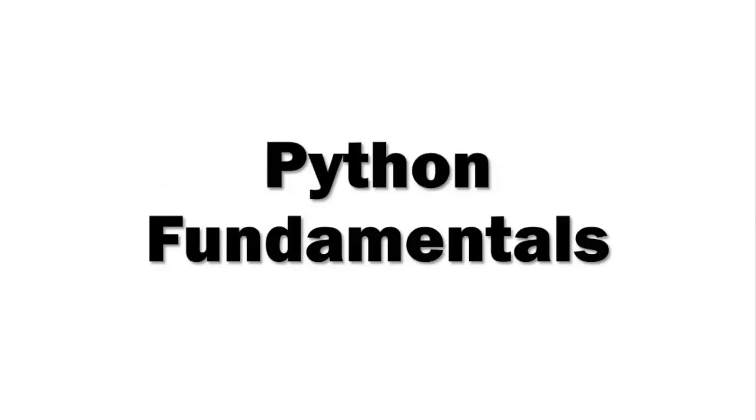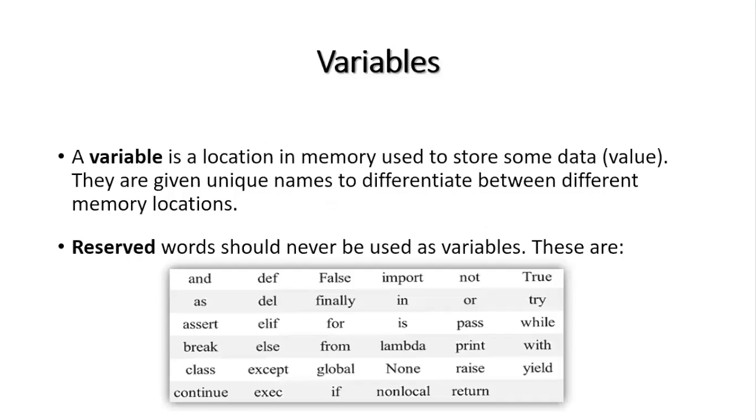So the Python fundamentals. The first thing that I want you guys to know is the concept of variables. Contrary to a lot of concepts that we have learned in the past, maybe if we come from a coding background, variables are containers wherein all the values are stored.